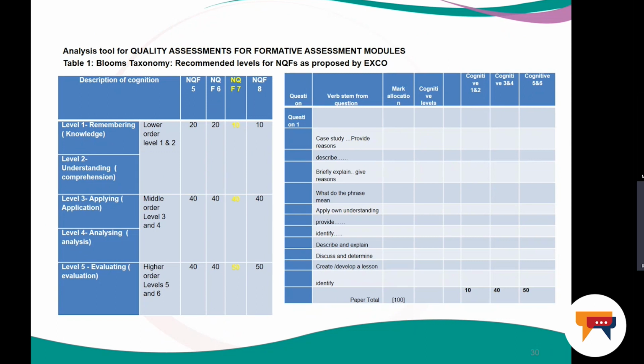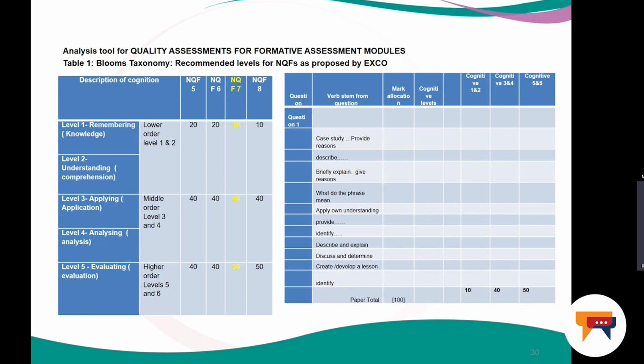I said our module is an NQF level 7. Look at this yellow part, NQF level 7. You remember those Bloom's taxonomy levels that I was reading? Remembering and understanding: the question paper has only 10 marks of those questions. Level 3, which is applying, is 40. And level 5, which is evaluating, is 50. Levels 3 and 4 amount to 40.